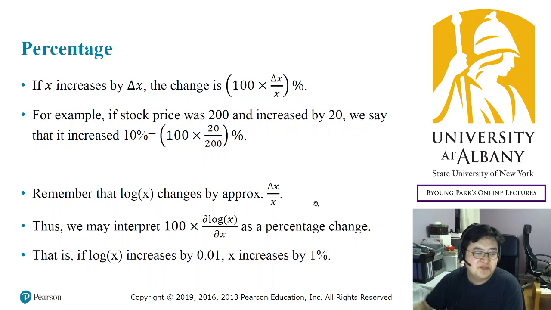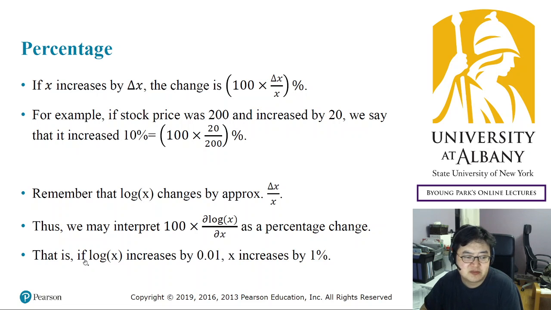Extending that idea, you may interpret 100 times the derivative of log as a percentage change, right? The only difference is multiplying by 100. So percentage is 100 times this, and the log derivative can be interpreted this way.